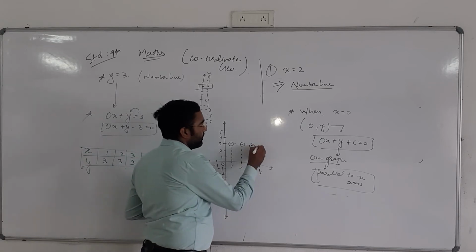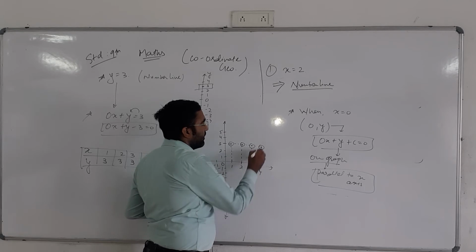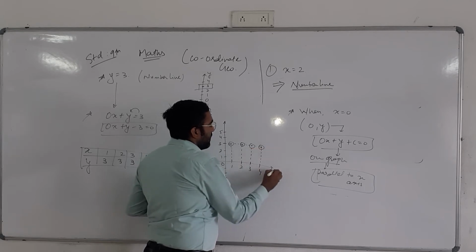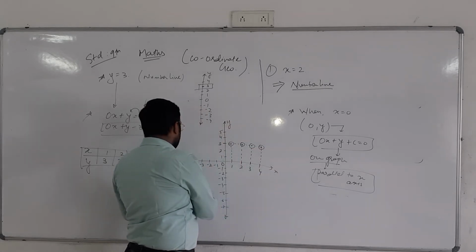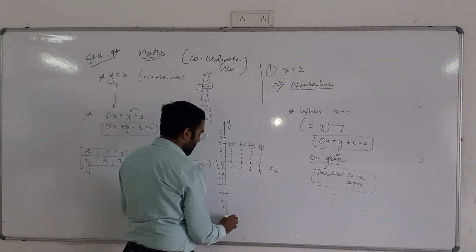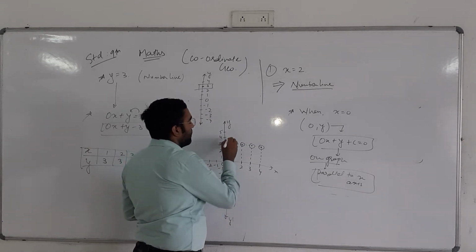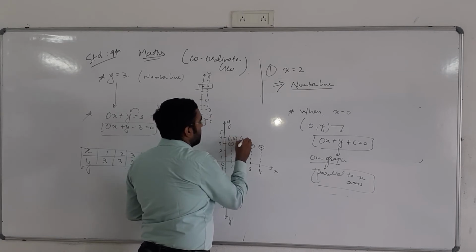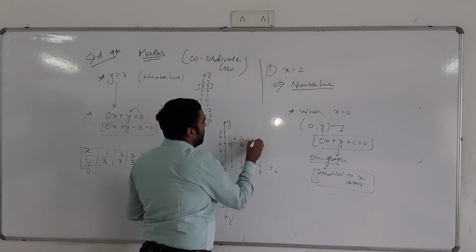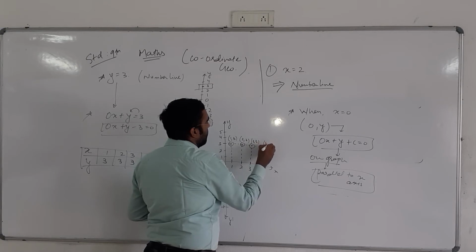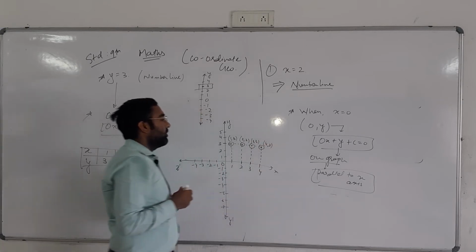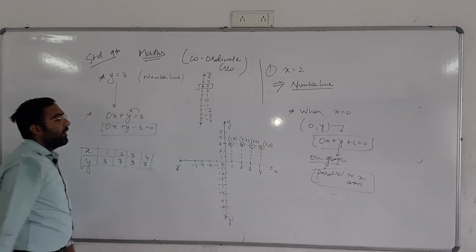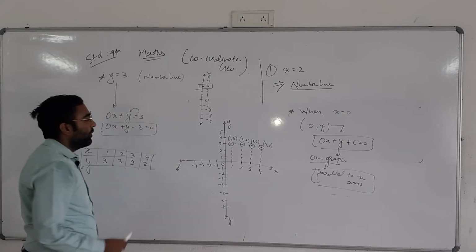So your fourth point is here. Here my x, this is my y, x dash and y dash. So this point is 1 comma 3, this is 2 comma 3, this is 3 comma 3 and this is 4 comma 3.